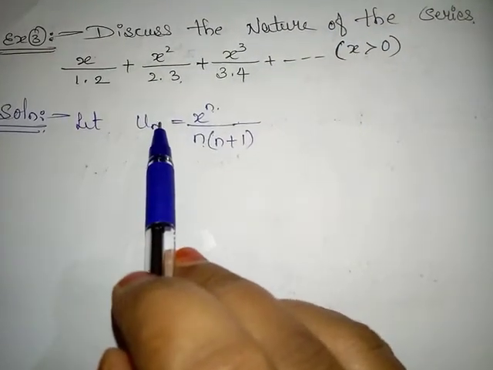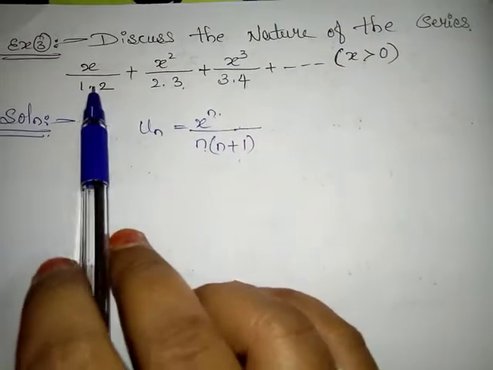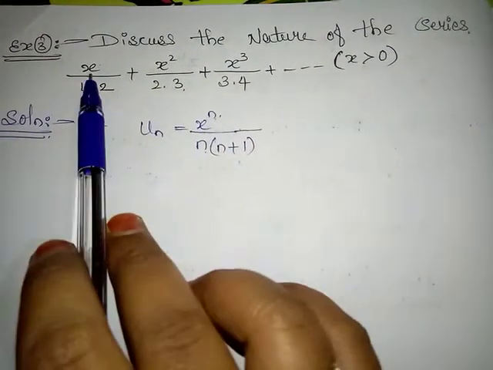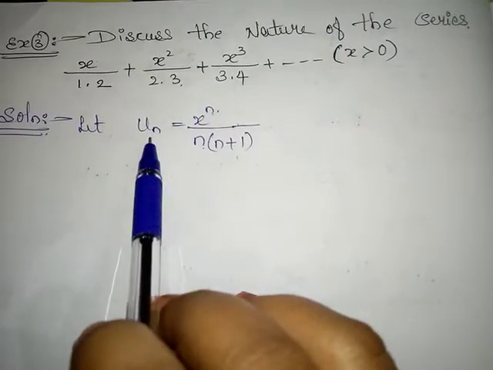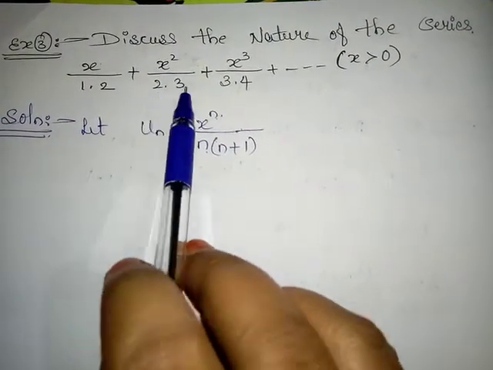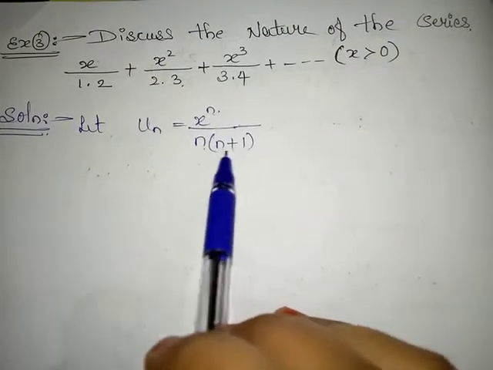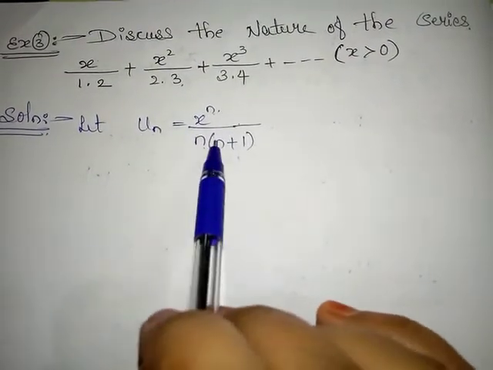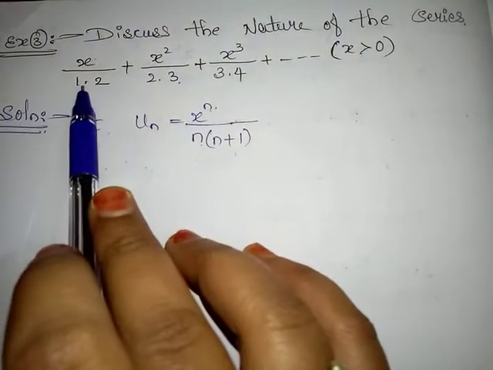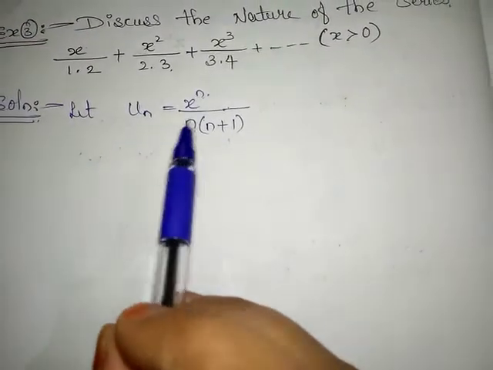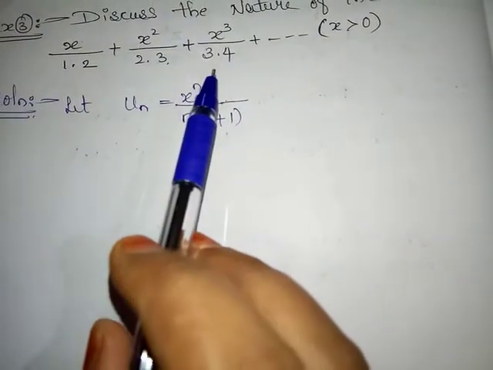See, when you take n as 1, you will get the first term, that is u1: n is equal to 1, it will be x divided by 1 into 2. When it is the second term, u2, x square divided by 2 into 3. N is 2, 2 plus 1 is 3. Therefore, this un is satisfied for the given beginning values of the series. So our un is correct for this given series.